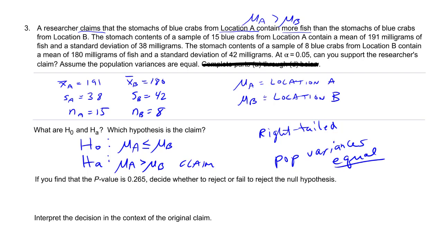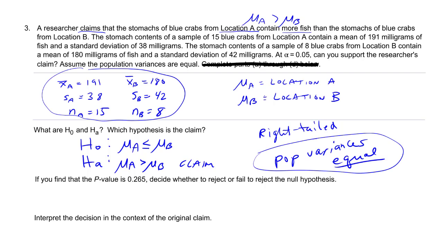So let's say we put all that information along with the population variances being equal, and we calculated our test statistic t, and we got a p-value, and that's our p-value. So we got 0.265 as our p-value, and we want to compare that to 0.05, which was our alpha.